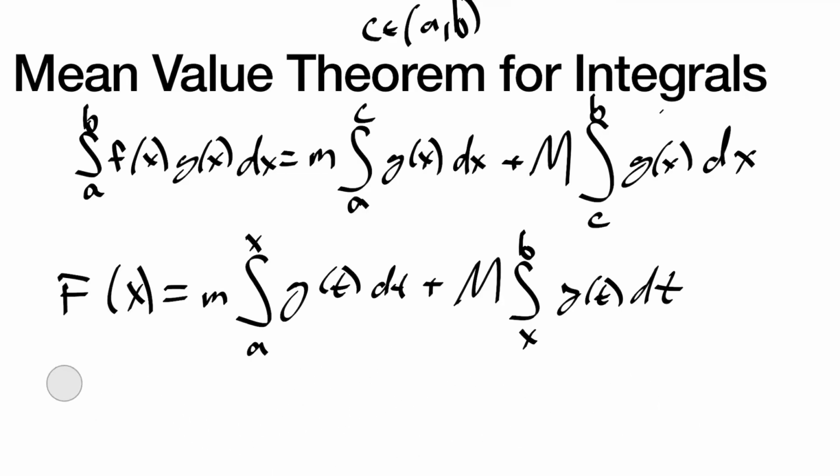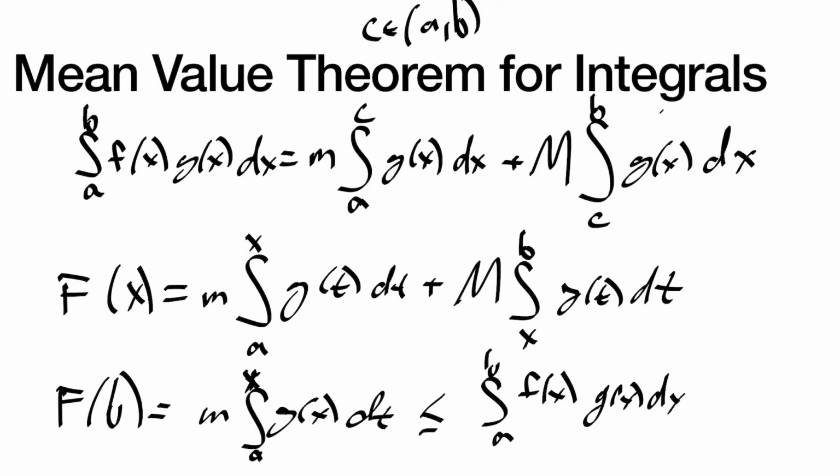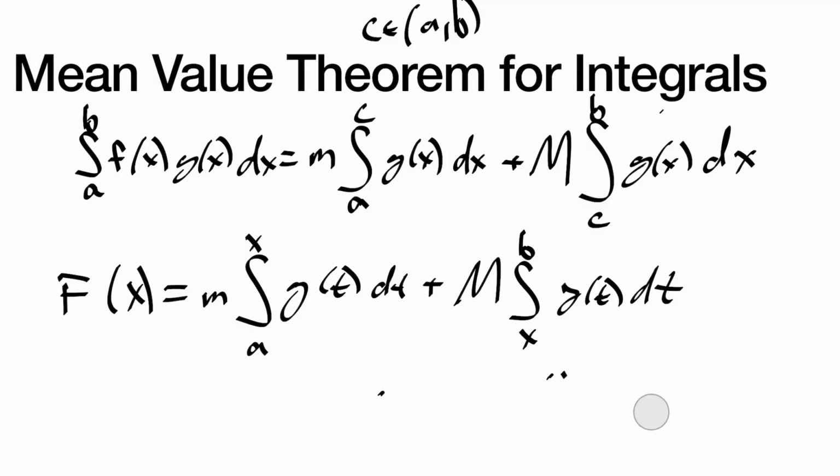However, if we look at capital F of b, you'll notice that we get the opposite result. So if I look at capital F of b, then that's little m from a to x of g of t dt, and so that one is obviously less than the integral from a to b of f of x g of x dx.